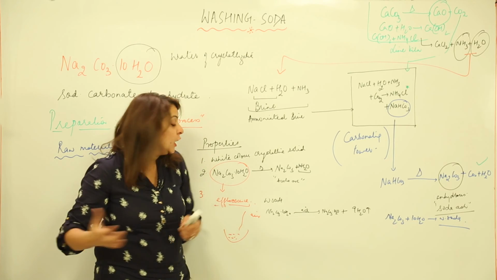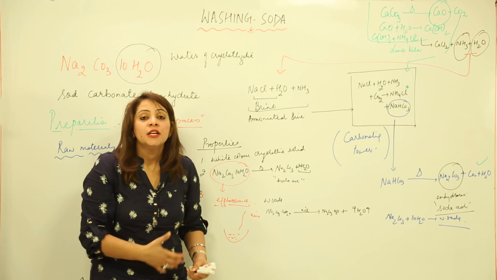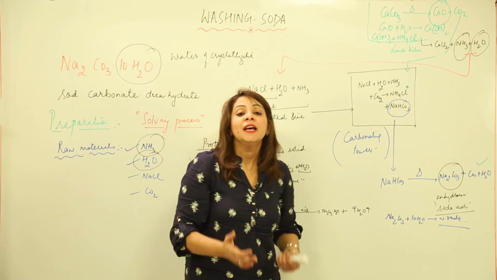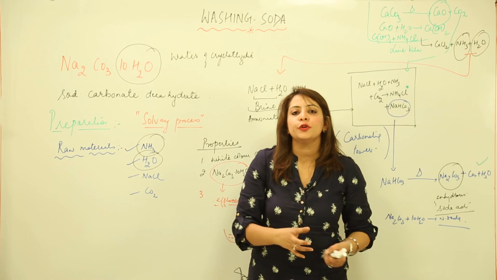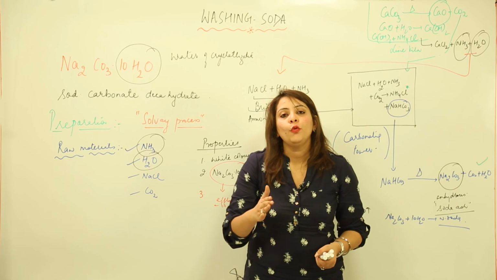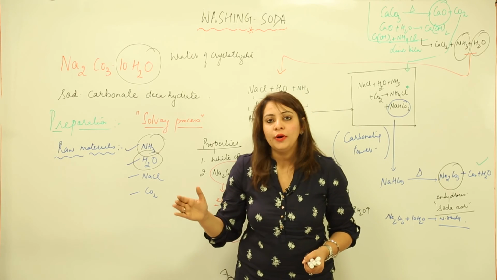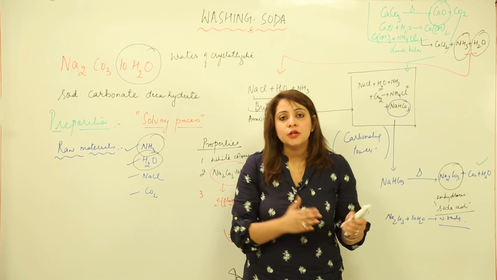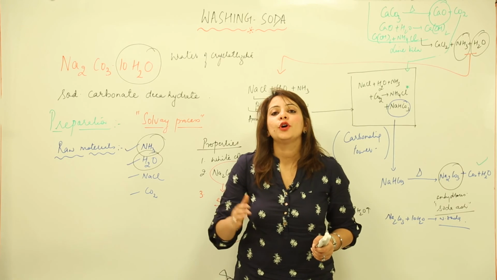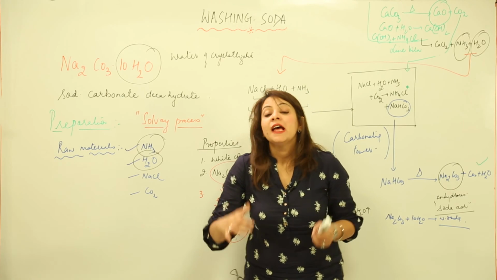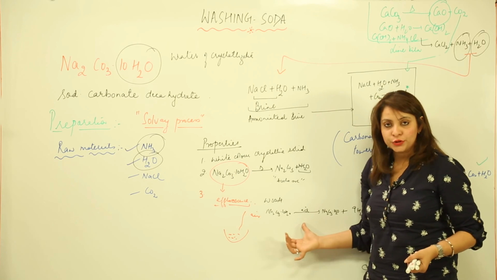So this is efflorescence. Write in your copies: it is the loss of 9 molecules of water of crystallization when washing soda is exposed to air. Then you write the equation which is involved.